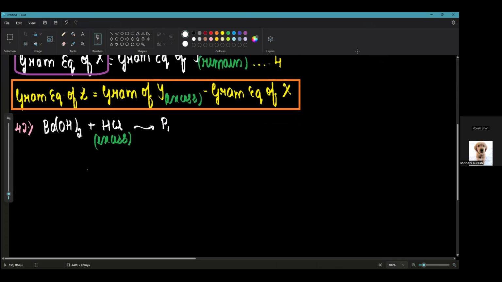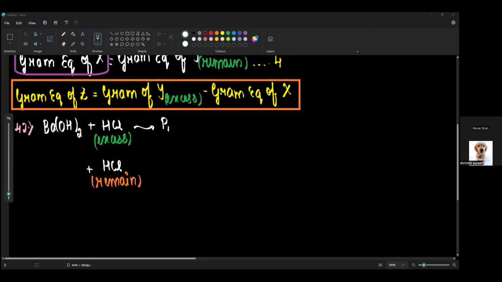Now they say that whatever HCl is remaining from this reaction, that is treated with what?